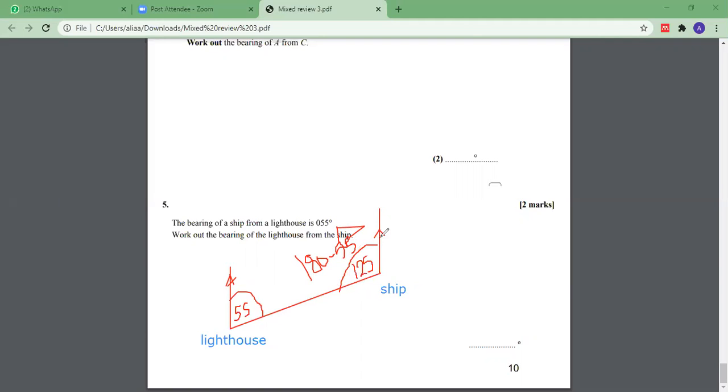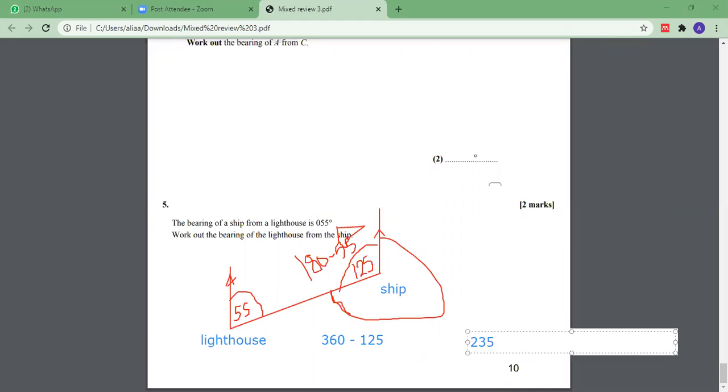Okay, so what's the bearing from the ship? I need to know the bearing from the ship, which will be 360 minus 125, which will be 235. And this will be my final answer. Okay, thank you, and I hope you understand.